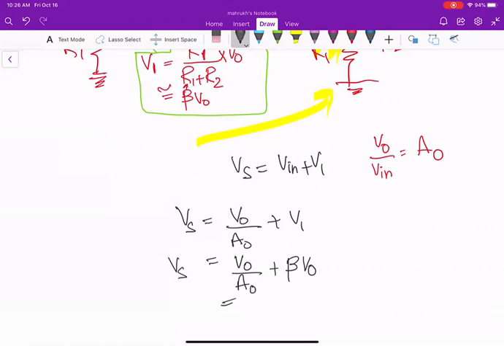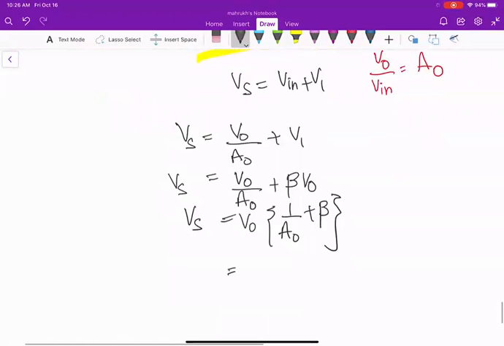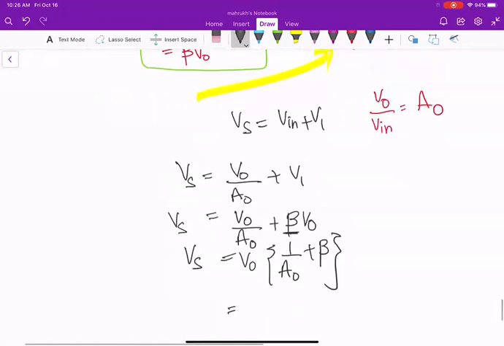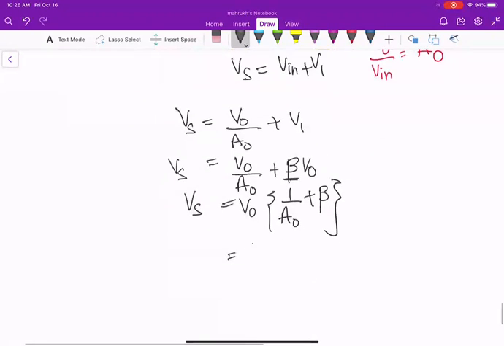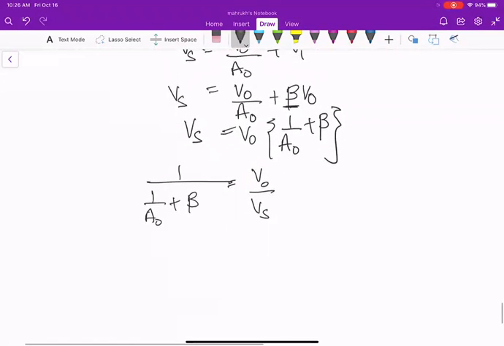And this will make it V naught times (1 by A naught plus beta), and this is Vs. So where does this beta come from? This comes from here, which we have defined before. So V naught by Vs will be 1 over (1 over A naught plus beta).